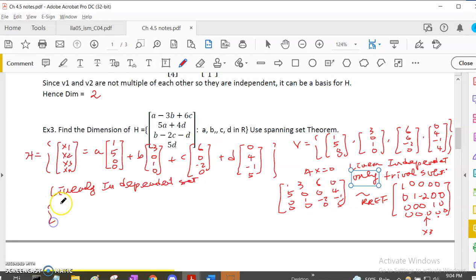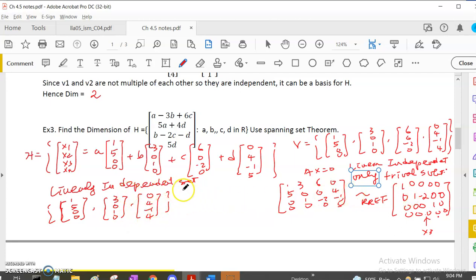Which is the first, 1500, the second, 3010, and the last one, 04 negative 14. The third one is dependent on x2.